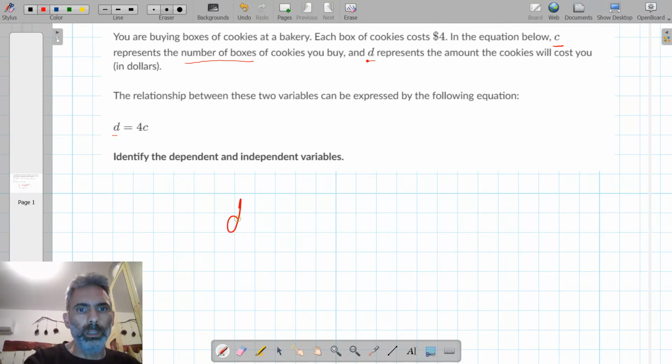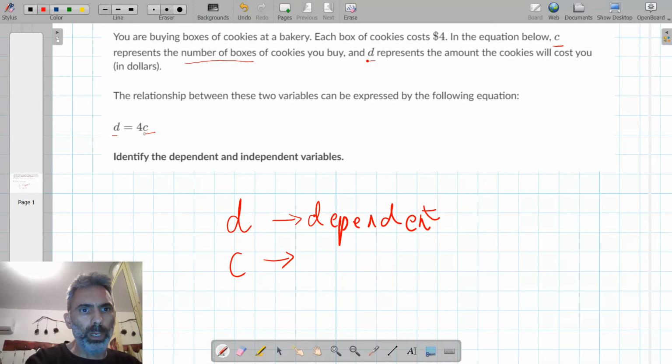So D is dependent upon the number of boxes you buy. So the greater the number of boxes you buy times the cost per box will affect the value of D. So D is dependent and C is independent.